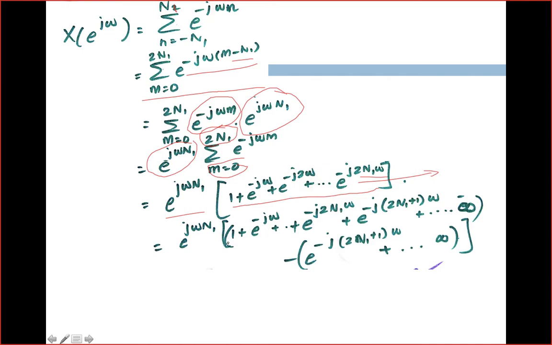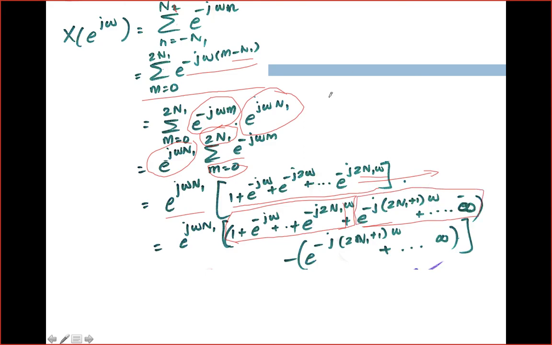After this real equation, I am going to add e power minus j (2n1 plus 1) omega, extend it up to infinity, and subtract. Listen carefully. I am going to add something, and subtract the same value in this equation. So I am simply adding and subtracting the same quantity to solve the problem.